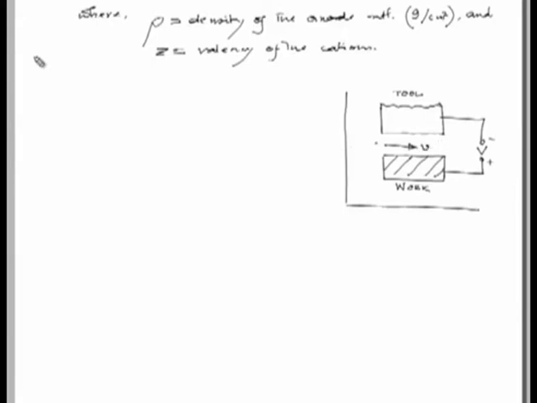This we can say electrolyte flow, and these two electrodes are separated by a distance y.